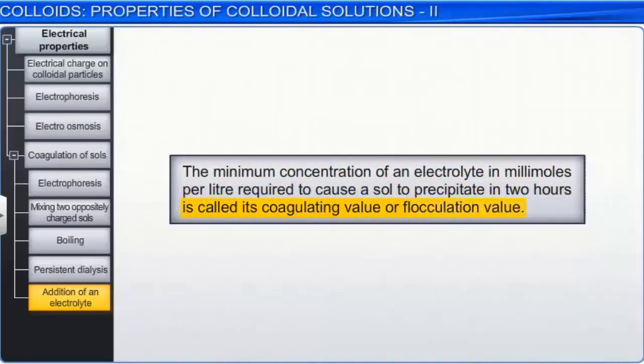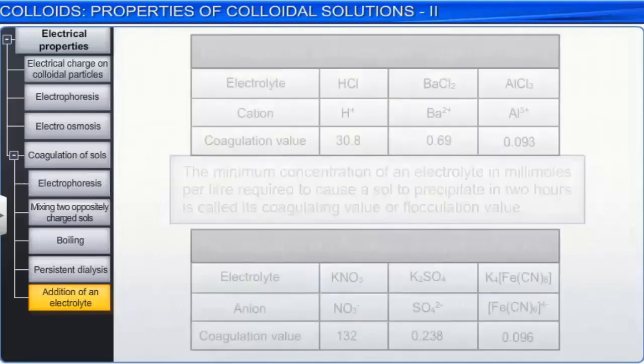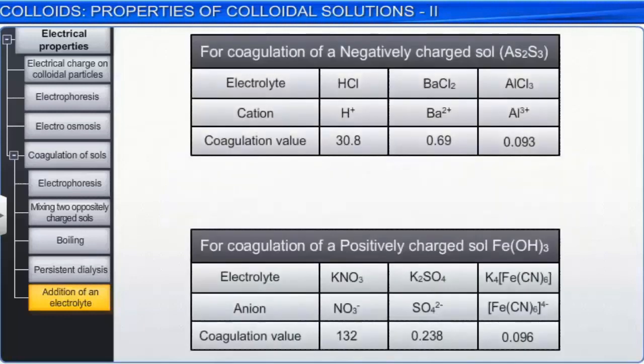It is important to note that the smaller the flocculation value, the greater is the coagulating power of the electrolyte. You can see from the table that the Al3+ cation and the [Fe(CN)6]3- anion have extremely low values of flocculation value.